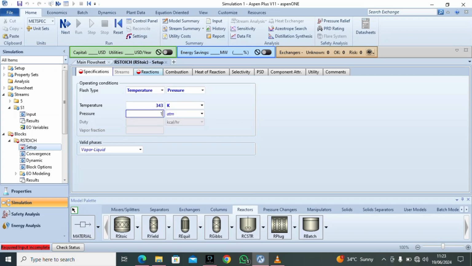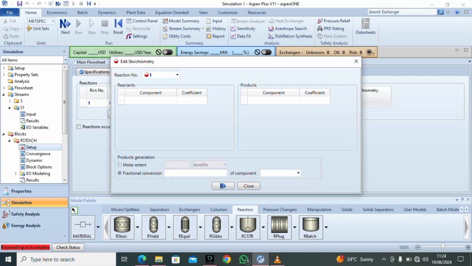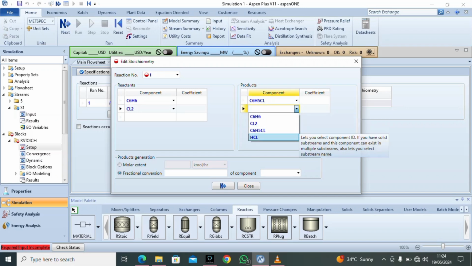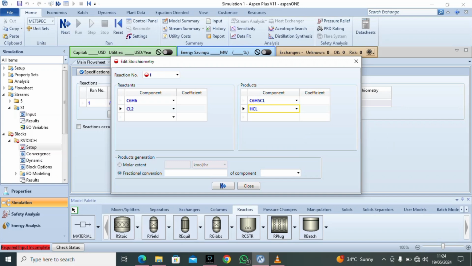Then specify reactions, click on new. Here the reactants are benzene and chlorine, and the products are chlorobenzene and hydrogen chloride. Coefficients are -1 because they are consumed, and coefficients of the products are +1 and +1.